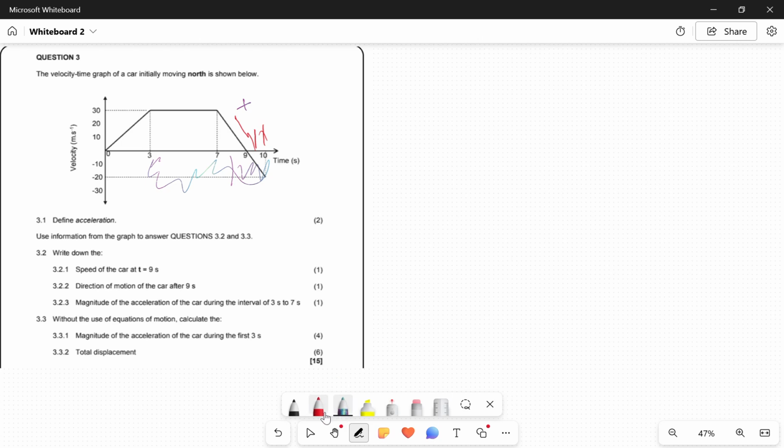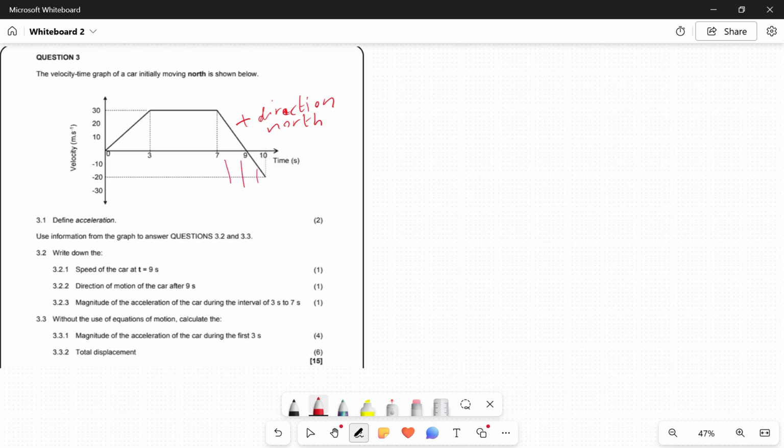So the upper part of our graph will be the positive direction, and that means positive velocity basically. This means that the upper part is the northerly direction.